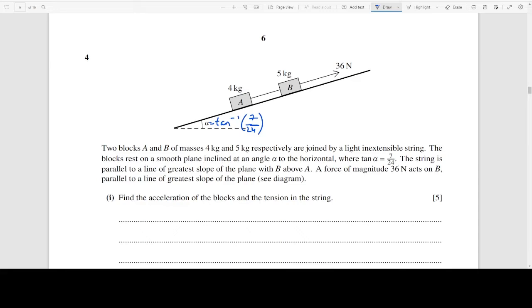So first things first, there's a simple way to just find the acceleration. We can consider the whole system.